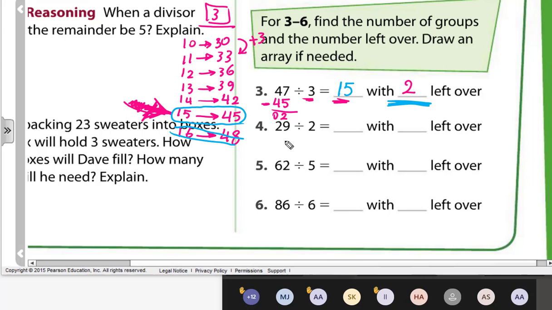I will write it in this place. 10 multiplied by 2 equals 20. 11 multiplied by 2 equals 22. 12 multiplied by 2 equals 24. 13 multiplied by 2 equals 26. 14 multiplied by 2 equals 28.